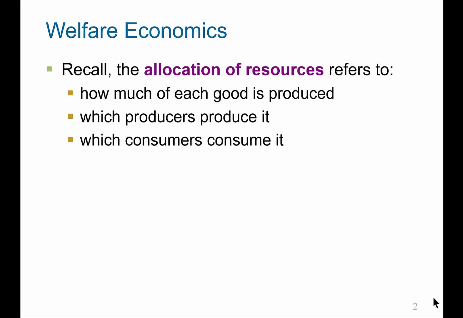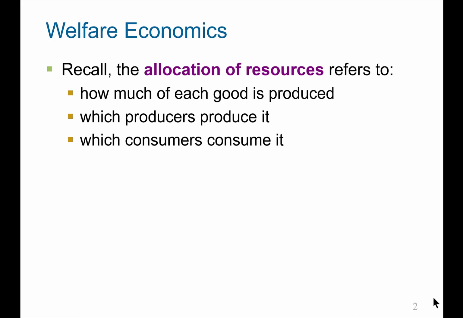So welfare analysis, measuring the well-being of market participants. And so remember, we've been talking about markets and how they allocate resources, right? From the beginning, chapter 1, markets help us identify supply and demand and that price. How much of each good is going to be produced? Q star. Which producers produce it, right?